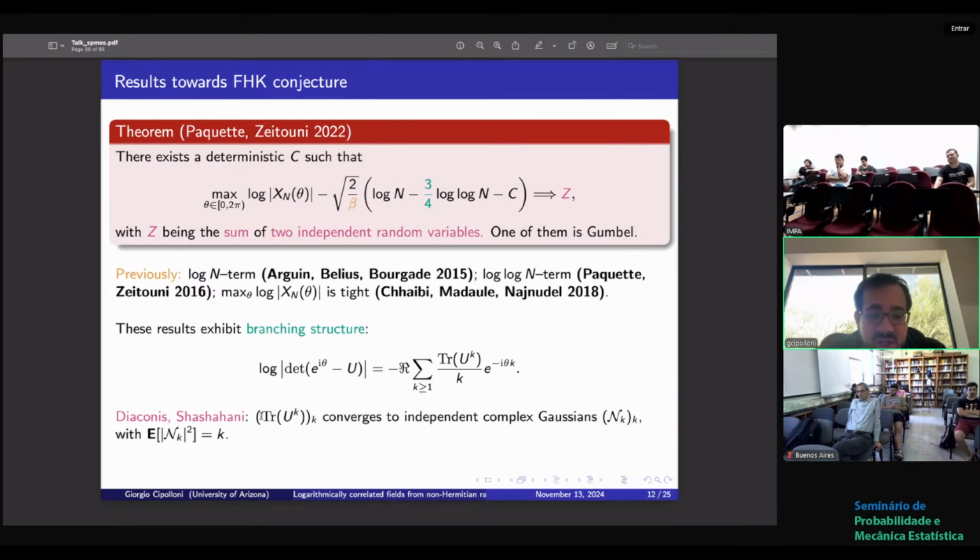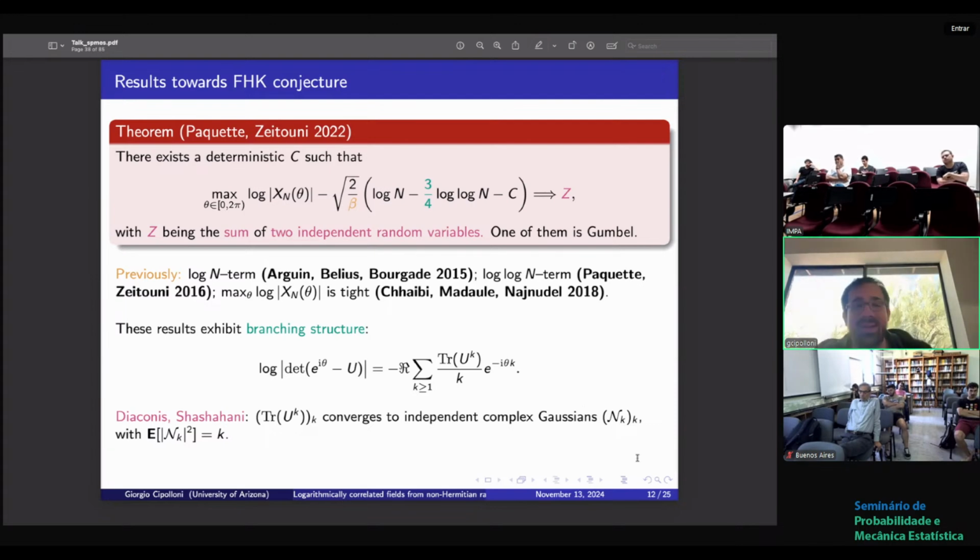They showed that if you look at the family of these traces of U^k, then it converges to independent complex Gaussians such that the variance is exactly k. So if we plug in this information, if naively we replace trace of U^k by a Gaussian times square root of k, then we exactly get the random wave model.